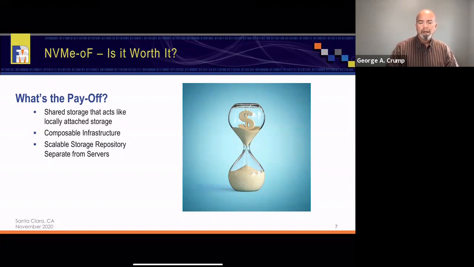So the key thing here is, the advantage of NVMe over Fabric is it provides shared storage that acts like locally attached storage. It has low latency. It doesn't have the network overhead, things like that. It also can be a composable infrastructure.